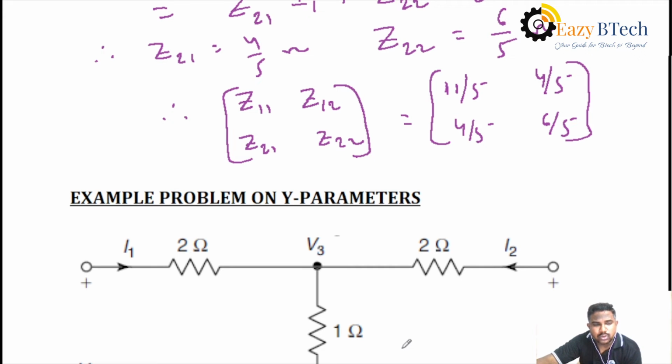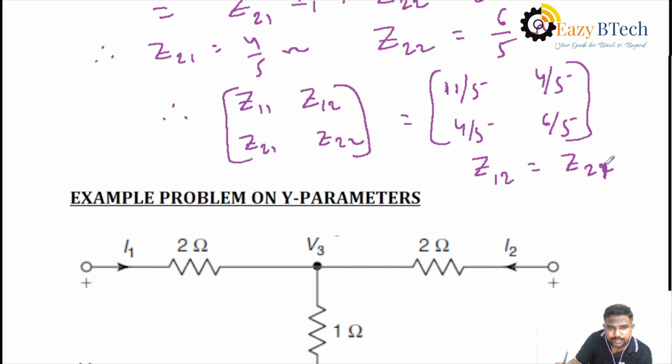Z11, Z12, Z21, Z22: you have to write them down in matrix form. Then that matrix is called the impedance matrix. Observe the matrix here. Z21 equal to Z12, Z12 equal to Z21. That's why the given network is reciprocal. But Z11 is not equal to Z22.